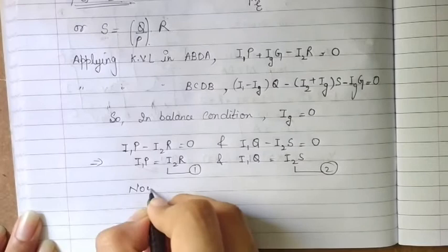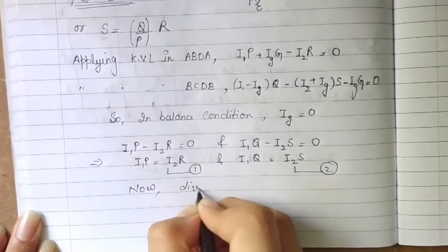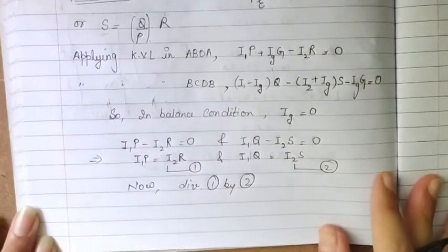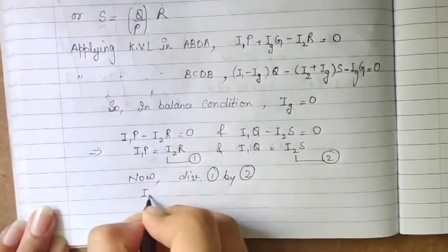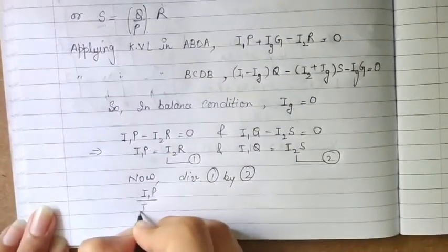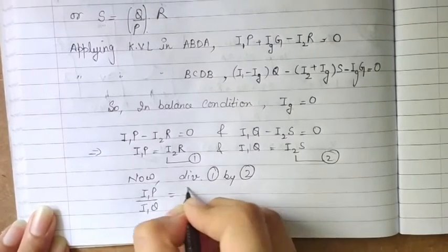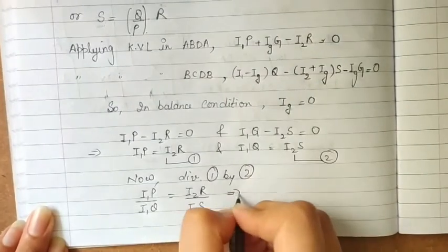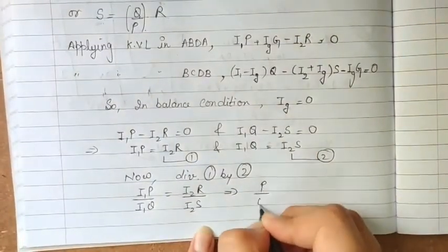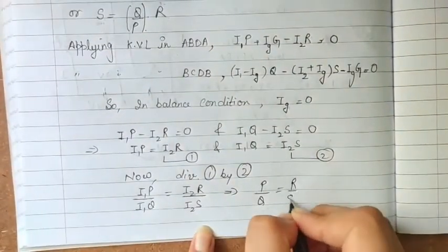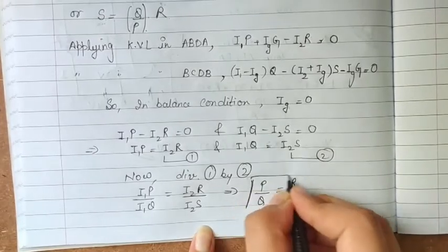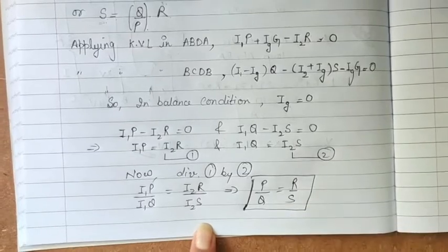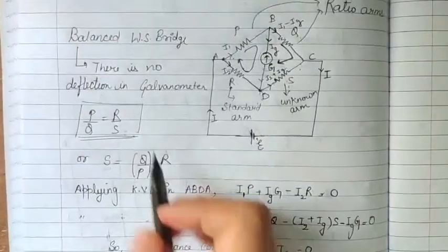Now dividing equation 1 by 2, we will get I1P upon I1Q is equal to I2R upon I2S, and it implies P upon Q is equal to R upon S, which is the required condition for a balanced Wheatstone bridge that we have mentioned here.